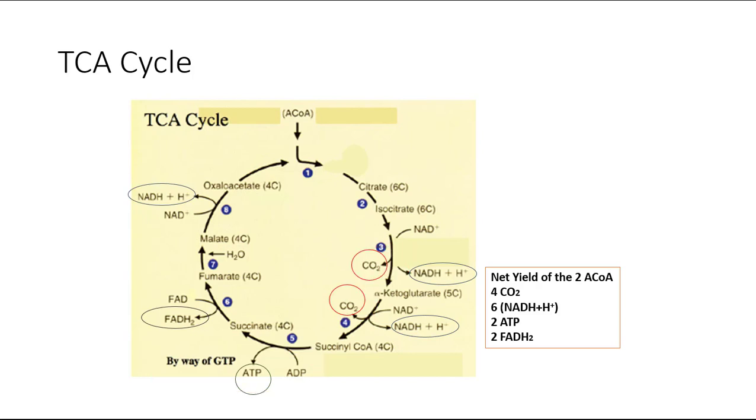The molecule GTP is guanosine triphosphate and is interchangeable with ATP, so it is counted in the ATP tally of metabolism.